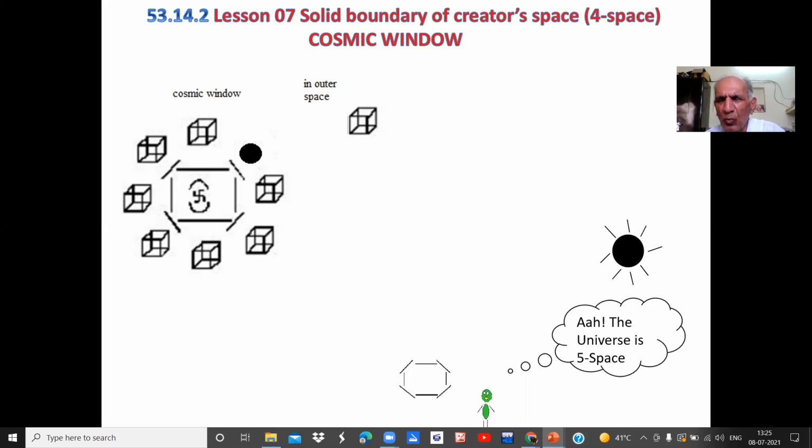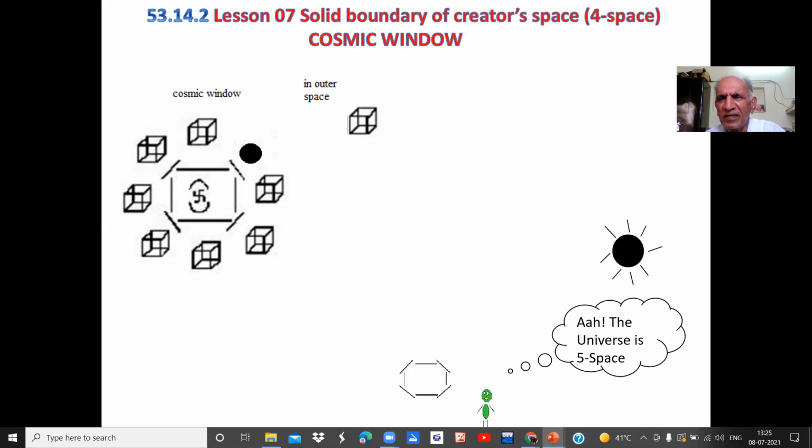When one is out of the 4 space room, one is out of the hypercube 4 domain, one is in the outer space, the space outside 4 space. One is within 5 space.